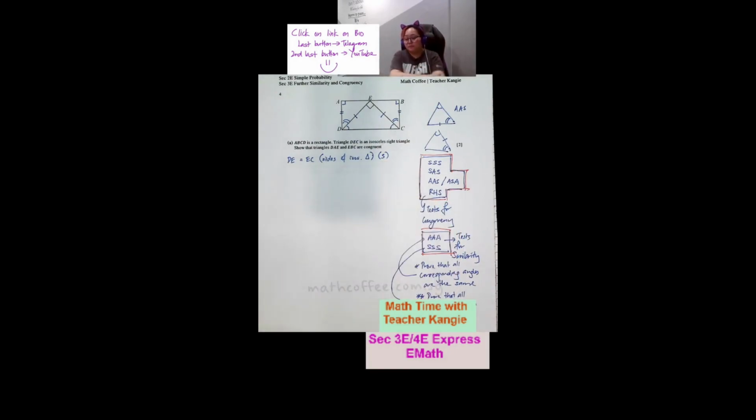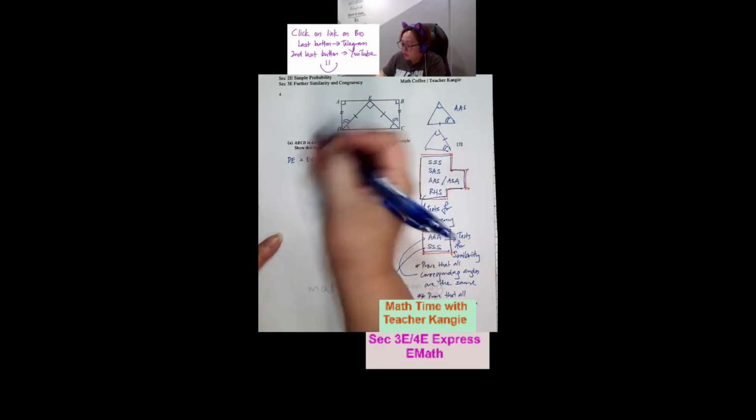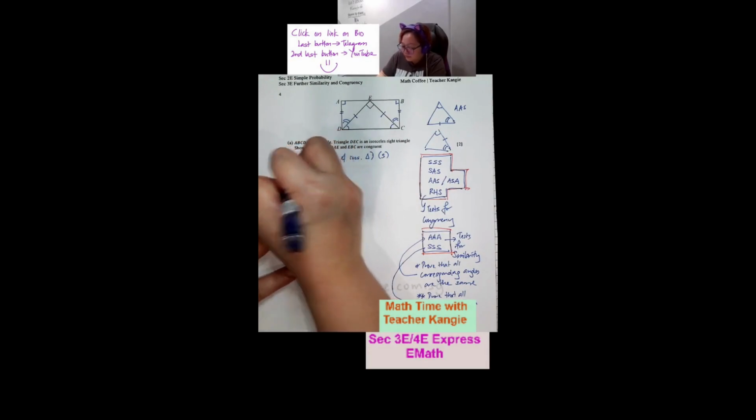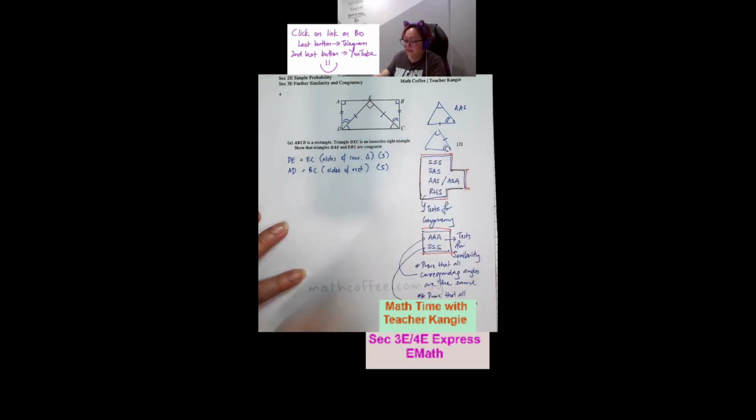So this represents the S. Then I'm going to say this length, AD equals BC, because these are the sides of the rectangle. So this is another S.